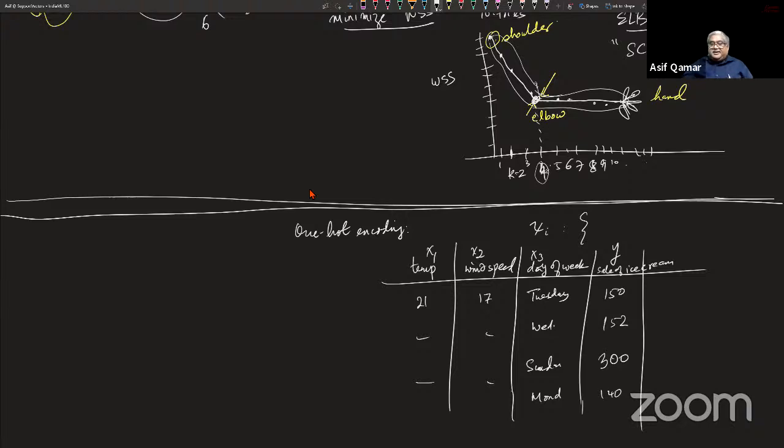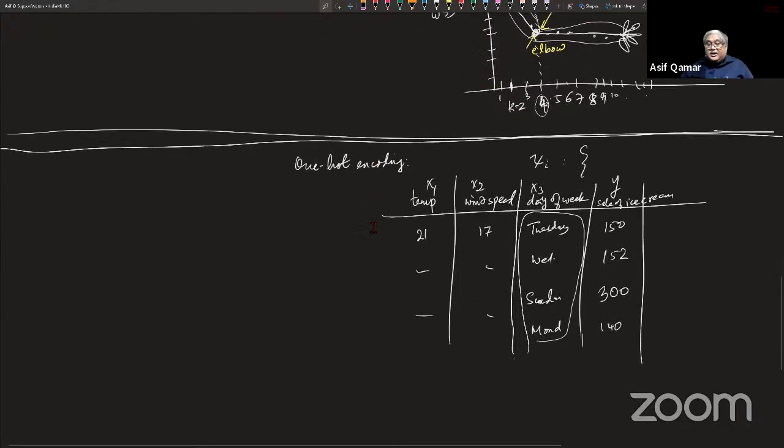So now the problem is when you try to put it into your algorithms, they will protest because they will say, we don't deal with textual values. These are strings, these are characters, these are not numbers. Math only deals with numbers. So how do we convert these things into numbers? So what you do is what is called one hot encoding.